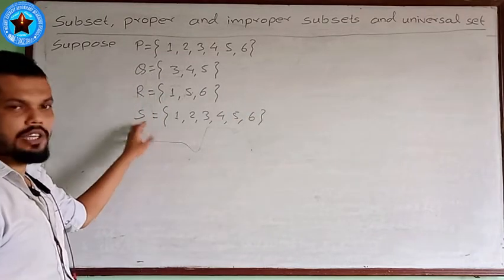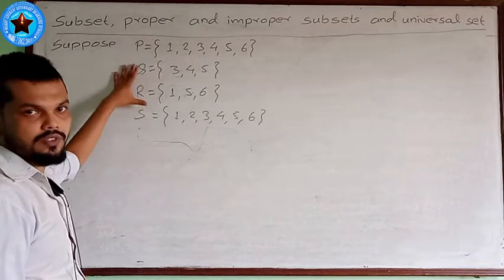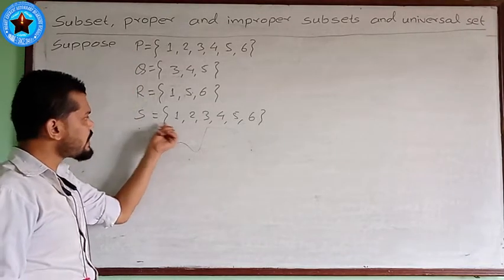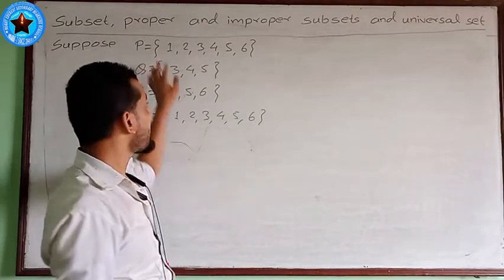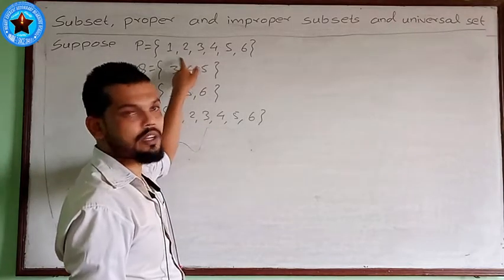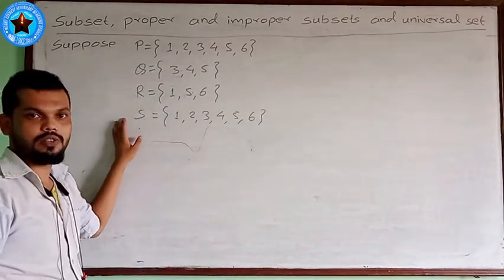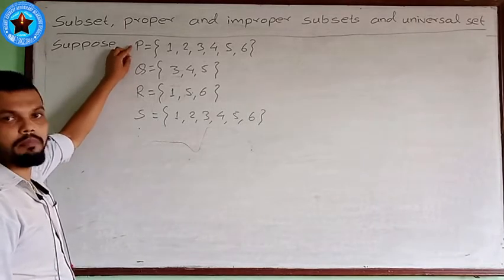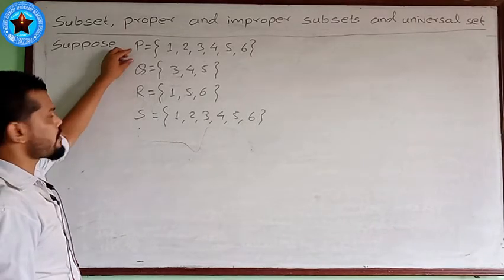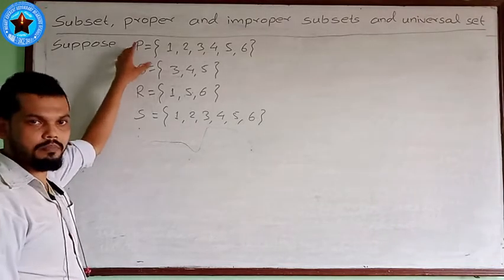Comparing P and S, all the elements of S are also contained by P, same elements, so this is also a subset. So Q is a subset of P, R is a subset of P, and S is also a subset of set P.